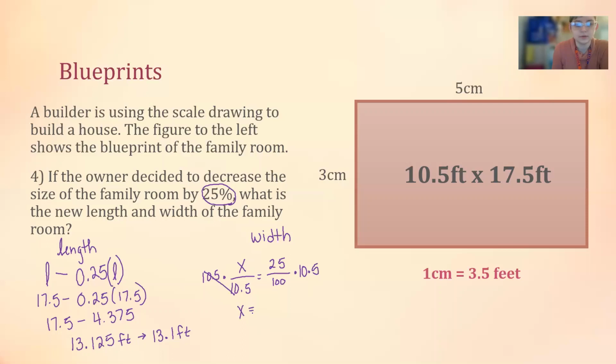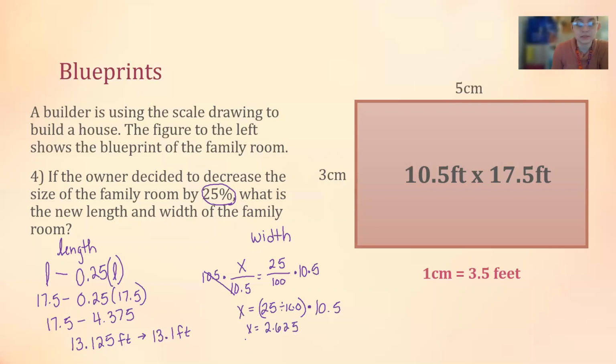So x equals 25 divided by 100 times 10.5. So we're going down 2.625 feet.